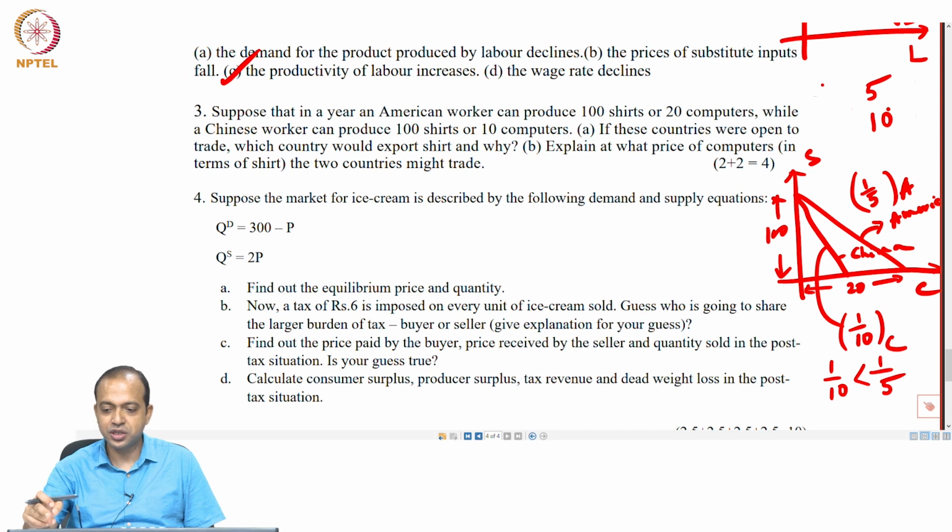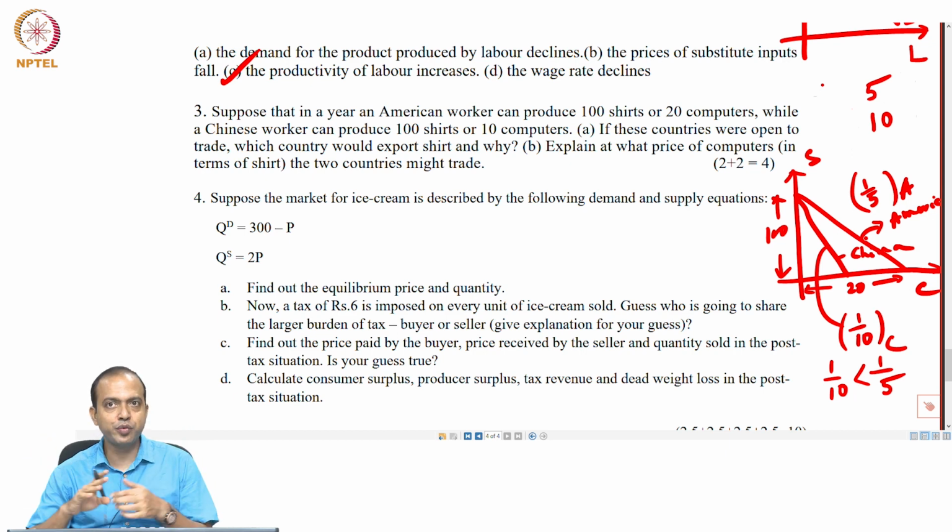So, the slope is actually 5 in America, while that is 10 in China. So, this is 10, this is basically 5. You understand how to calculate?